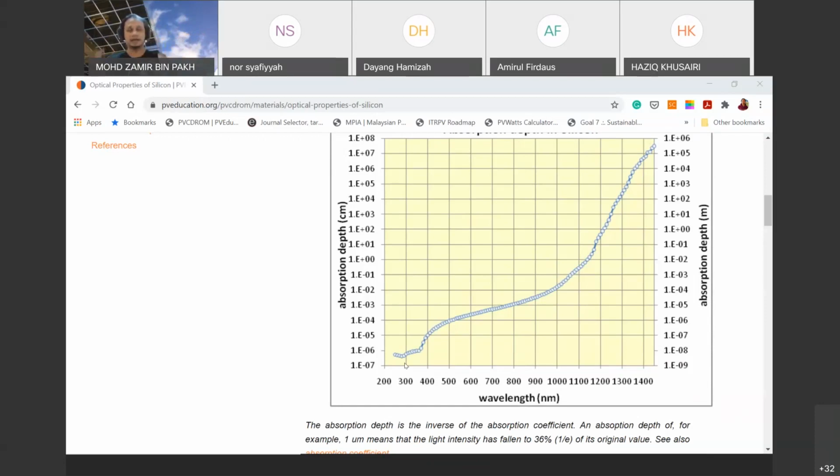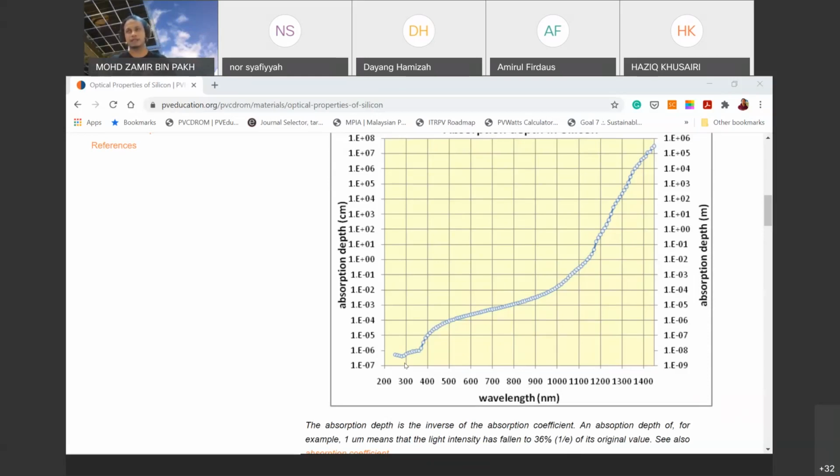Higher than the energy of 1.12. Any energy above 1.12 electron volt will be absorbed. Photon yang ada energy above 1.12 will be absorbed. Photon yang ada energy below 1.12 will not be absorbed and will be transparent.